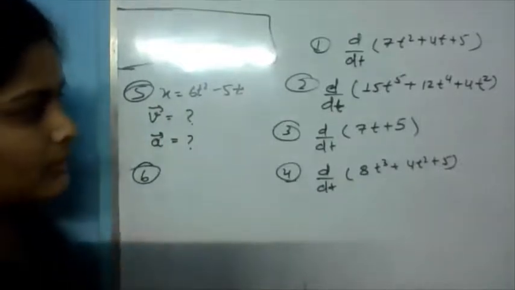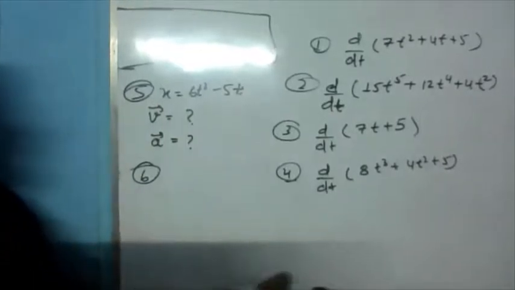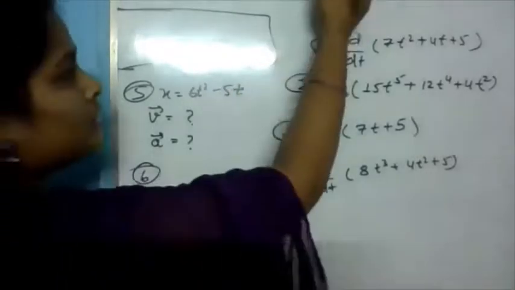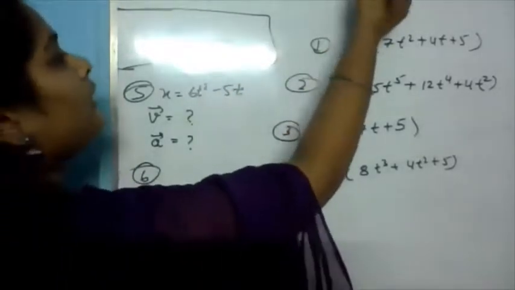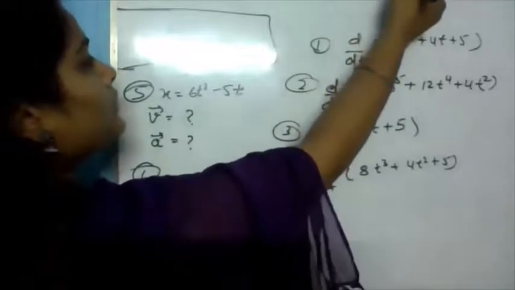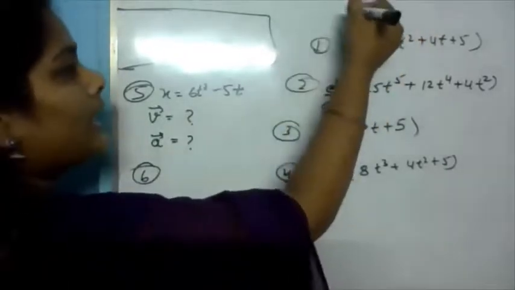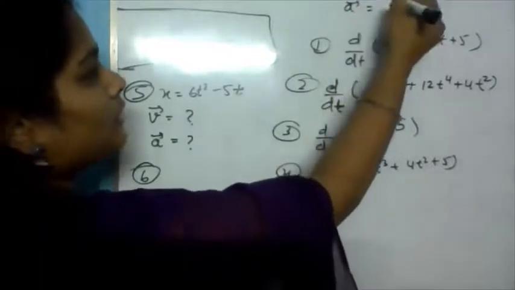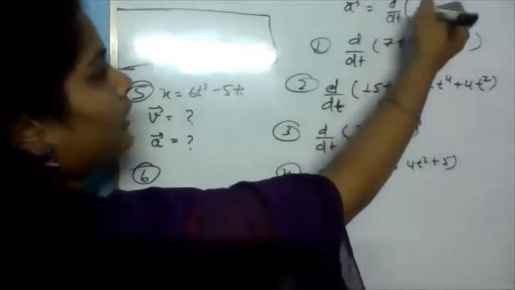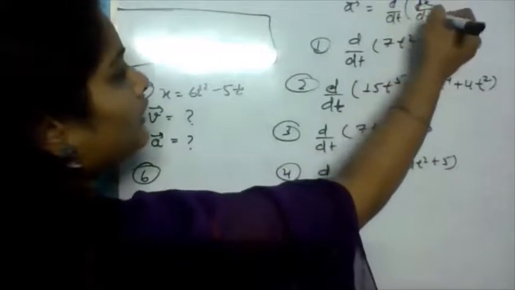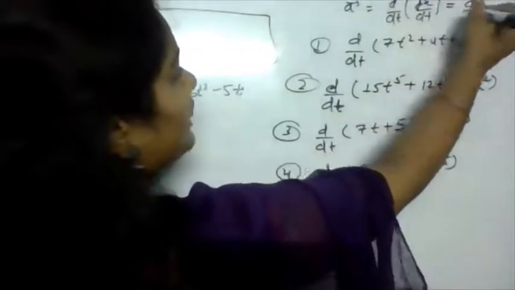So differentiation will be clear. And remember this thing, this formula is very important: velocity equals to dx upon dt, where x is displacement, and acceleration equals to d upon dt of dx upon dt.